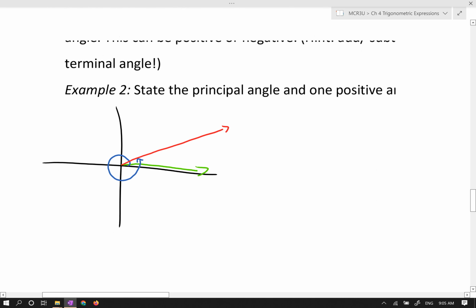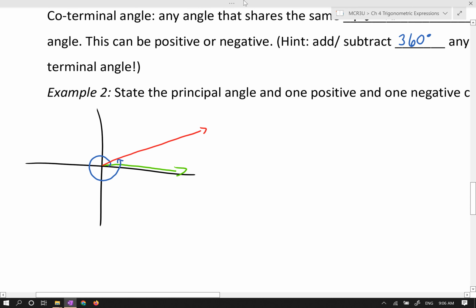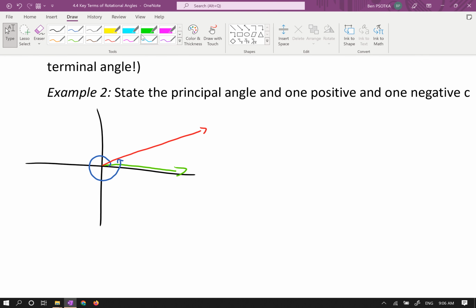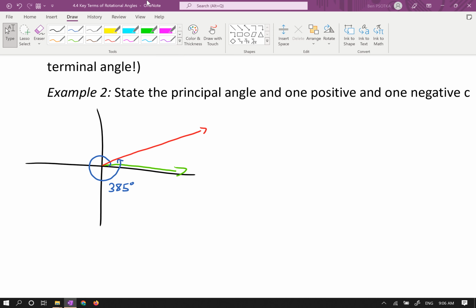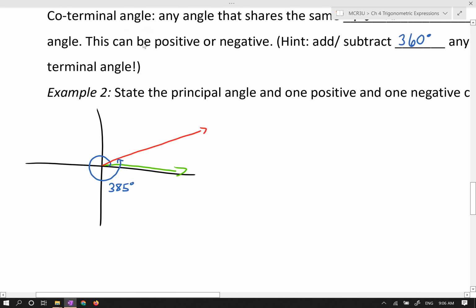And there we go. Okay, so my principal angle here, I can calculate. First of all, I'll label that. What we sketched was 385 degrees. Now, my principal angle is measured from my positive x-axis in a counterclockwise direction, and it's measured until I hit my terminal arm the very first time.